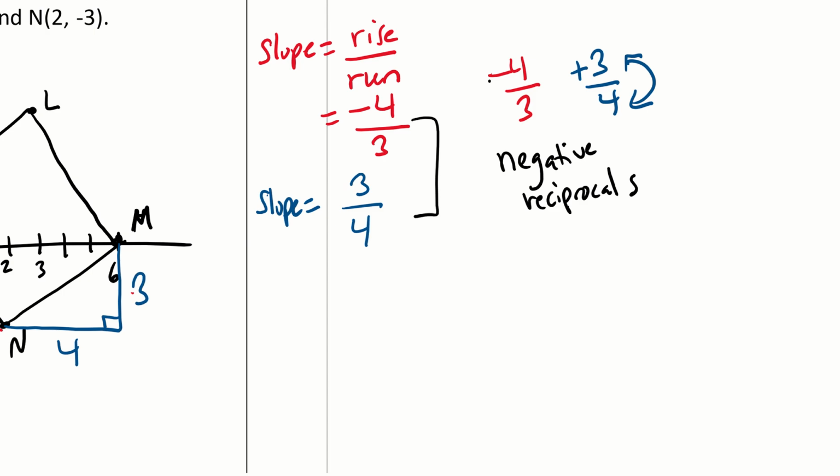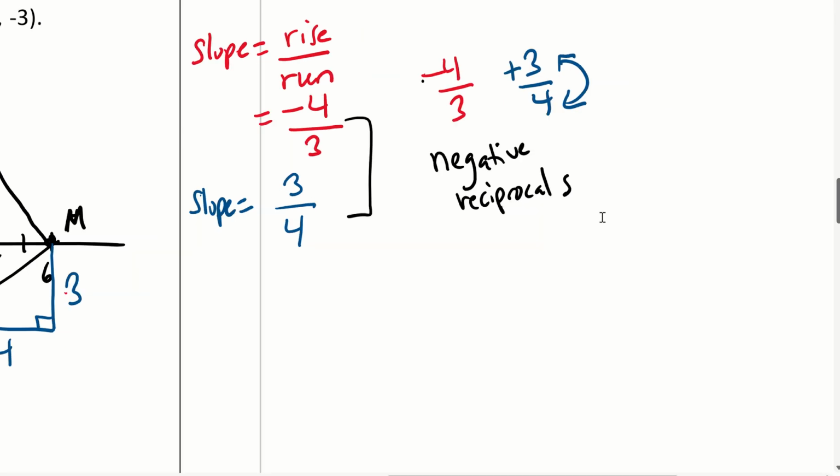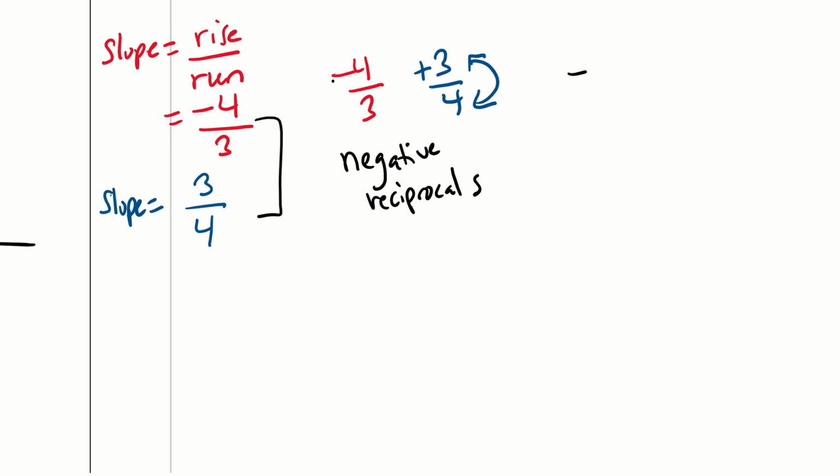If they're negative reciprocals, for the slopes, that indicates that we have a right angle. Okay? Another way to think about it is that if I multiply the two slopes, I would multiply straight across: negative 12, 4 times 3, 3 times 4 is 12.